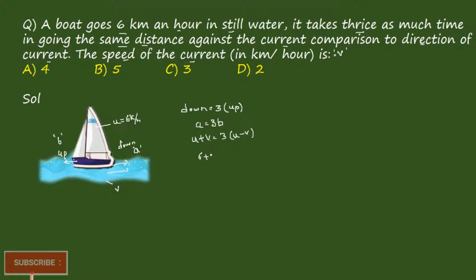So 6 plus V is equal to 3 times 6 minus V. Then we get 4V is equal to 18 minus 6, which gives V is equal to 12 by 4, which is equal to 3 kilometers per hour. So the answer is option C.